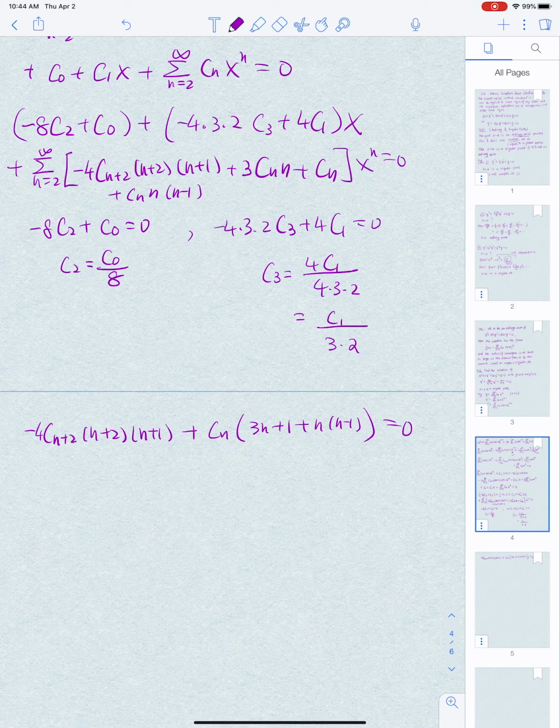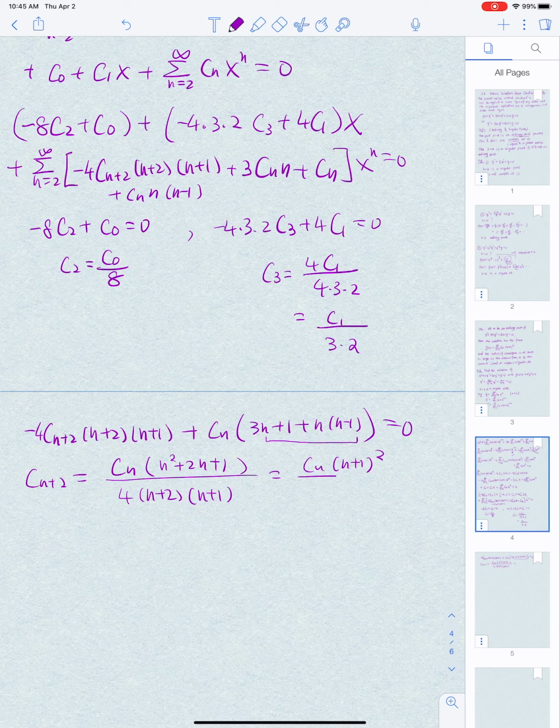we solve for the one with the largest index. And I'm going to calculate this. And then simplify.